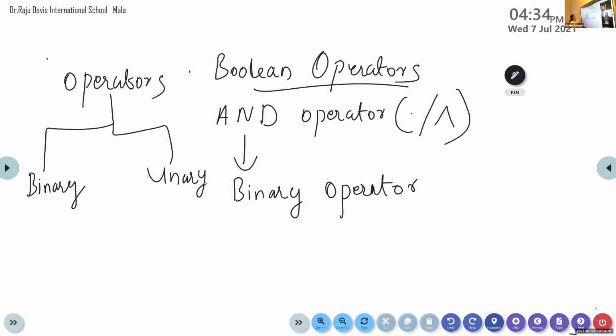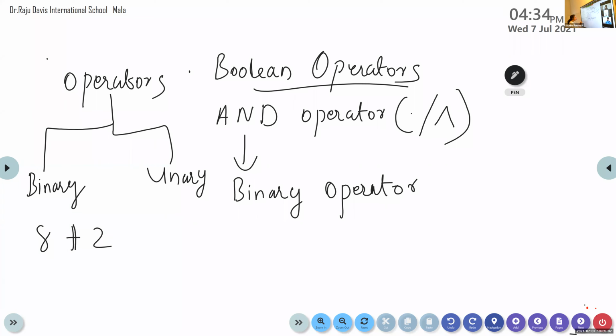Binary operator means an operator that uses minimum two operands. What is an operand? Take 8 plus 2.